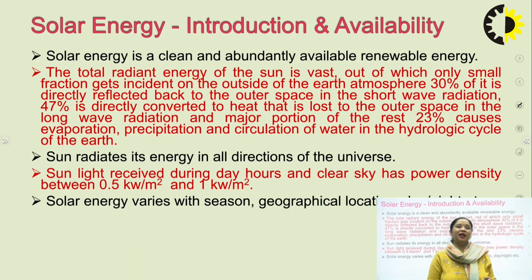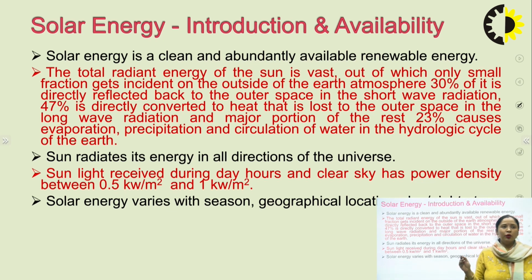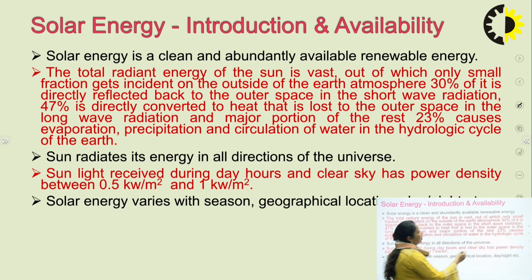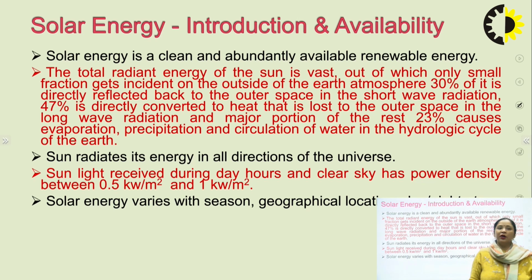Solar energy, I don't need to tell you about it. You know, the total radiant energy of the sun is vast, out of which only a small fraction gets incident on the outside of Earth's surface.